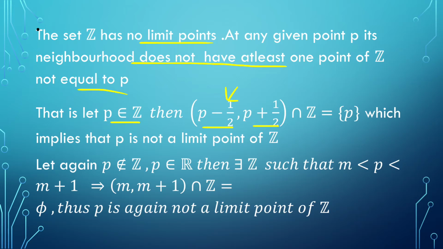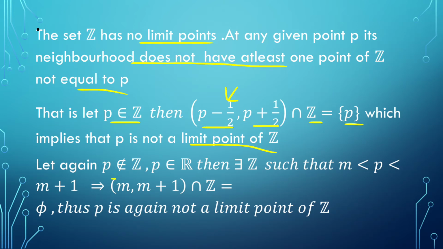If you justify this, you'll find that whichever point you get here is actually P, which implies that P is not a limit point, because we need another element which is not P in the neighborhood. So the neighborhood here is still just P.